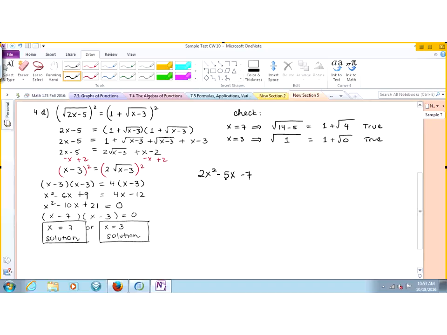How do you factor something like this? 2x squared minus 5x minus 7. Do you do trial and error, or what do you do? Trial and error. So how do you try it? 2x and x like this? Is that what everybody does?